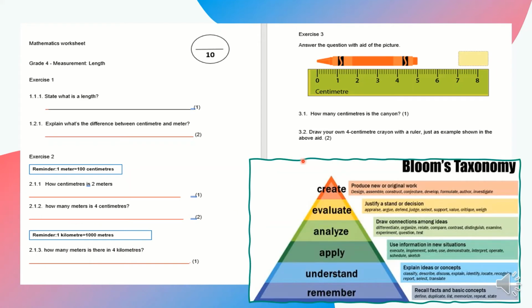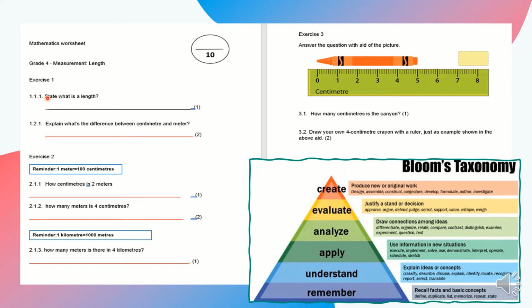Looking at Bloom's, the first question, which is the bottom level, remembering, uses verbs such as define, duplicate, memorize, repeat, state. So the first thing that we did, do you remember what is length?